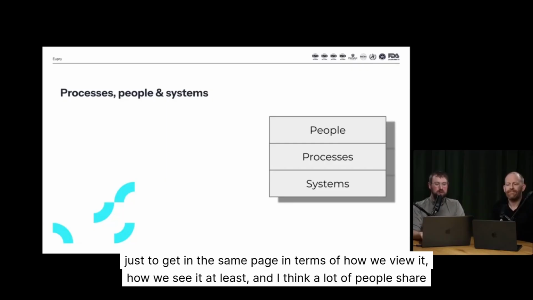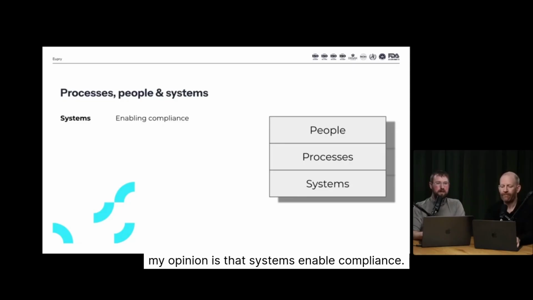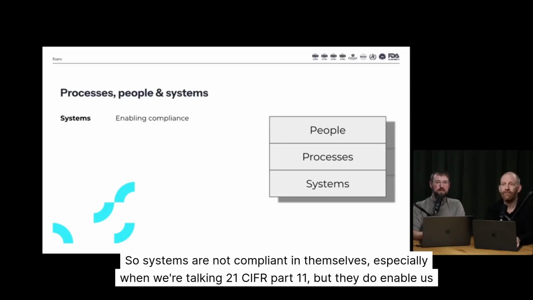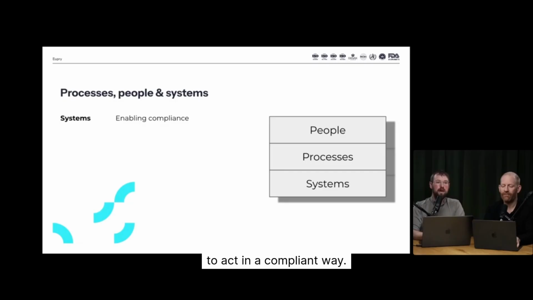So just to get on the same page in terms of how we see it, and I think a lot of people share my opinion: systems enable compliance. Systems are not compliant in themselves, especially when we're talking 21 CFR Part 11, but they do enable us to act in a compliant way.